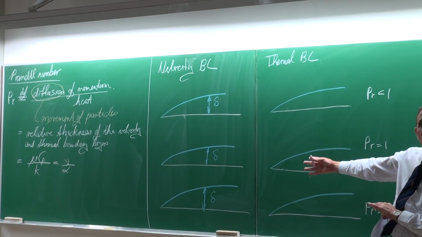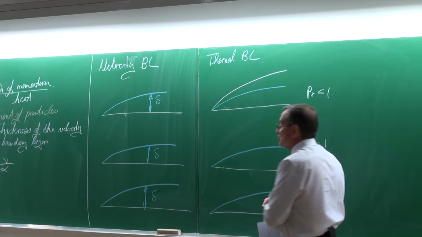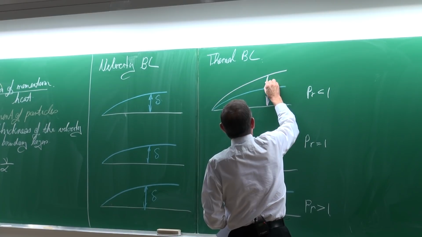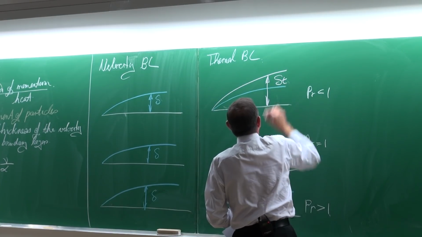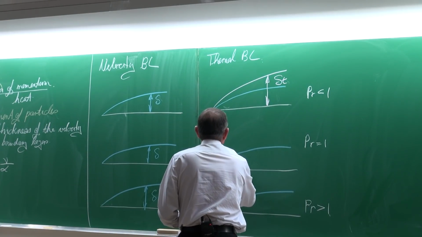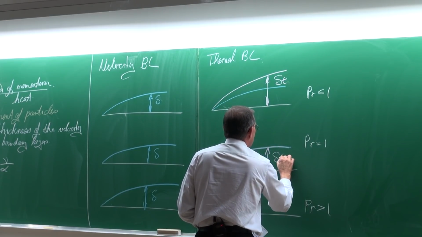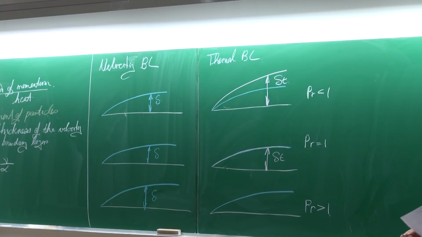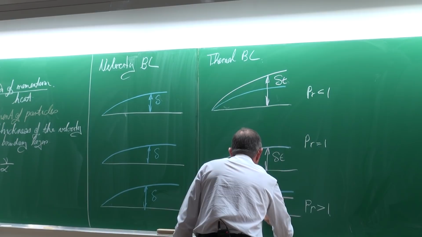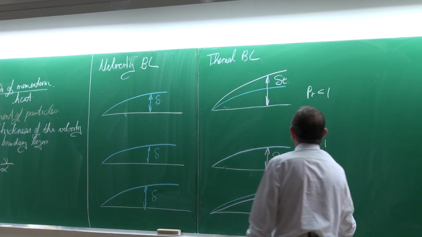What the thermal boundary layer would do relative to the velocity boundary layer. Prandtl number smaller than 1, we will get something like that. So that would now be the thermal boundary layer. If the Prandtl number is equal to 1, then the two boundary layers will fall on top of each other. And if the Prandtl number is larger than 1, then the thermal boundary layer would be smaller than that of the velocity boundary layer.